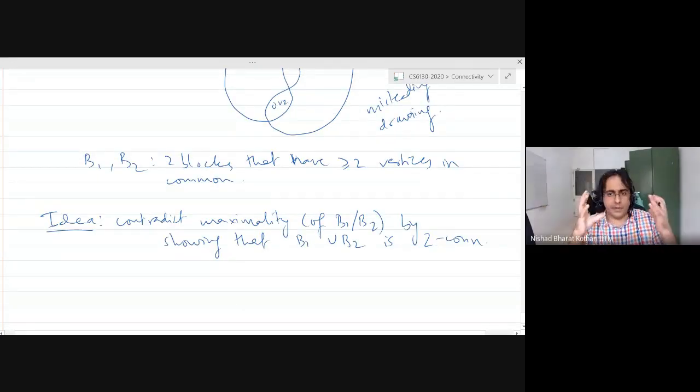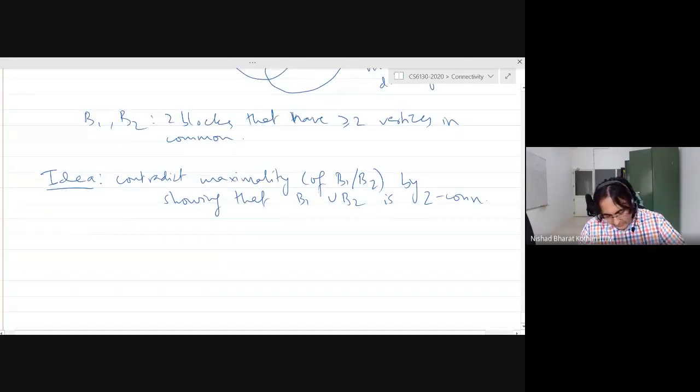Right? These are two different blocks, so the union is definitely bigger than each of them. It cannot be the case that B1 union B2 is exactly equal to B1 or to B2, because that would mean that B1 is equal to B2. And these are two distinct blocks, so they are not the same, right?